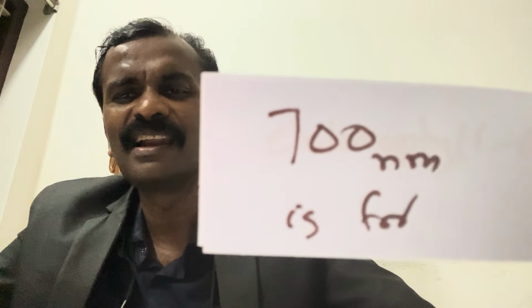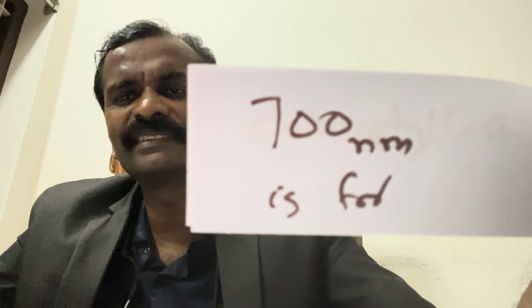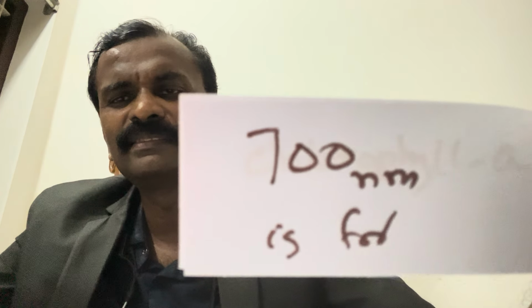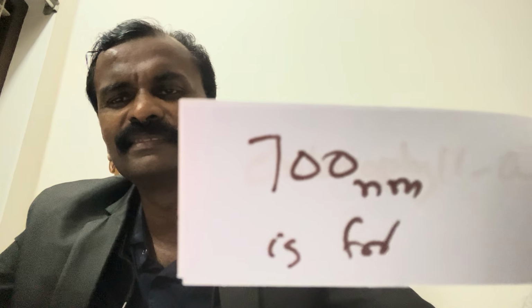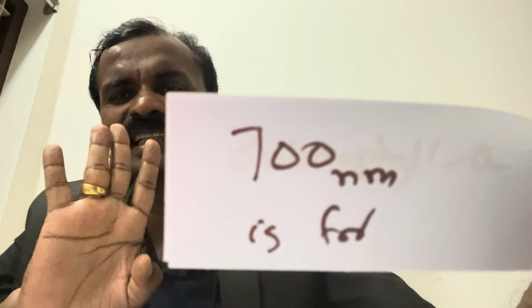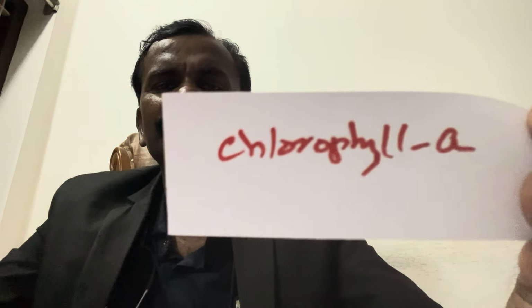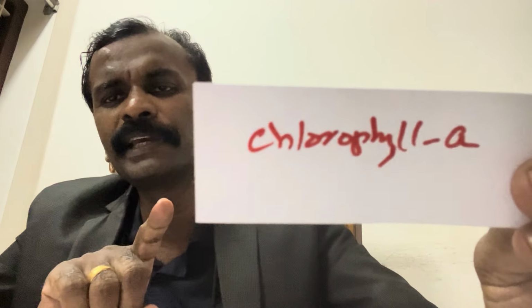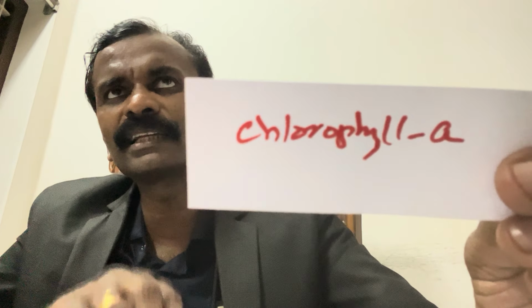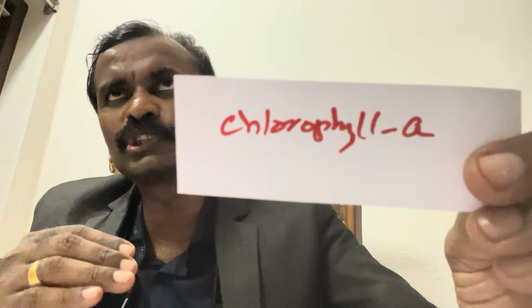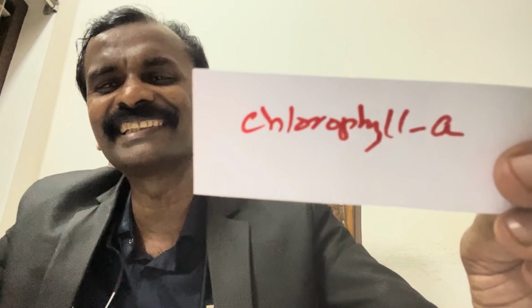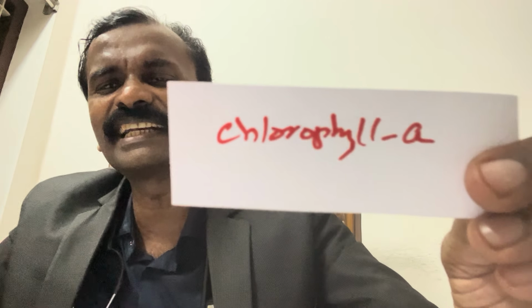Which chlorophyll? A, B, C, D. Which chlorophyll? A. If you know this point, you can answer which of the following statement is true. Tough MCQ you can answer. 700 nanometer. Chlorophyll A.